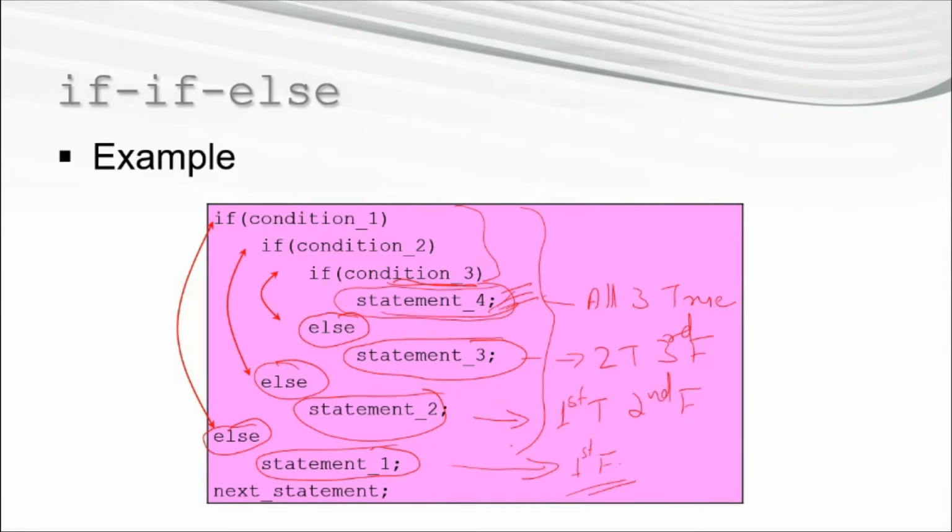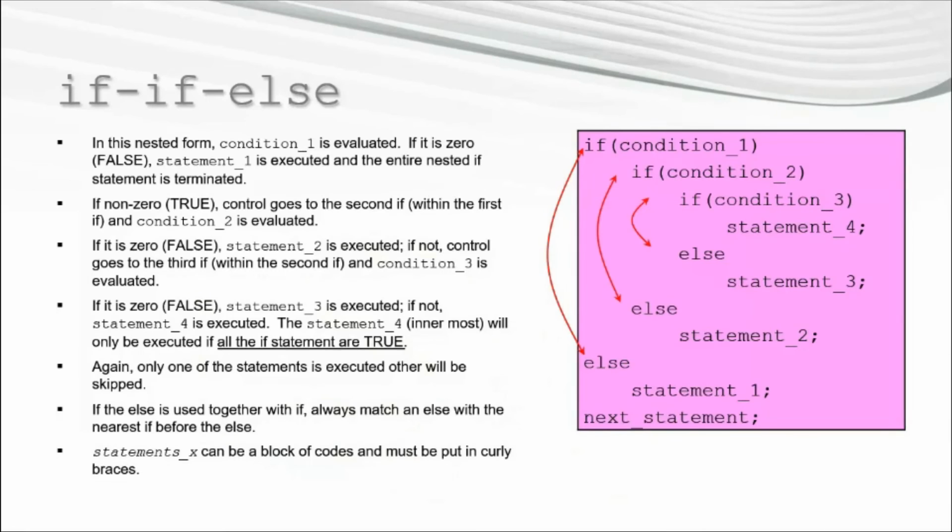So this is an if else statement, and the same explanation is given here. In this nested form, condition 1 is evaluated. If it is 0, that is, false, statement 1 is executed and the entire nested if statement is terminated.